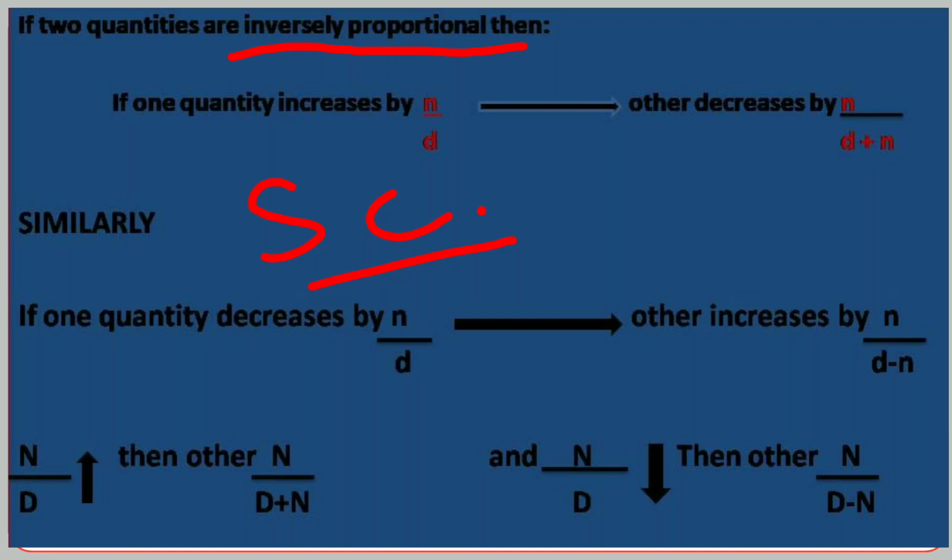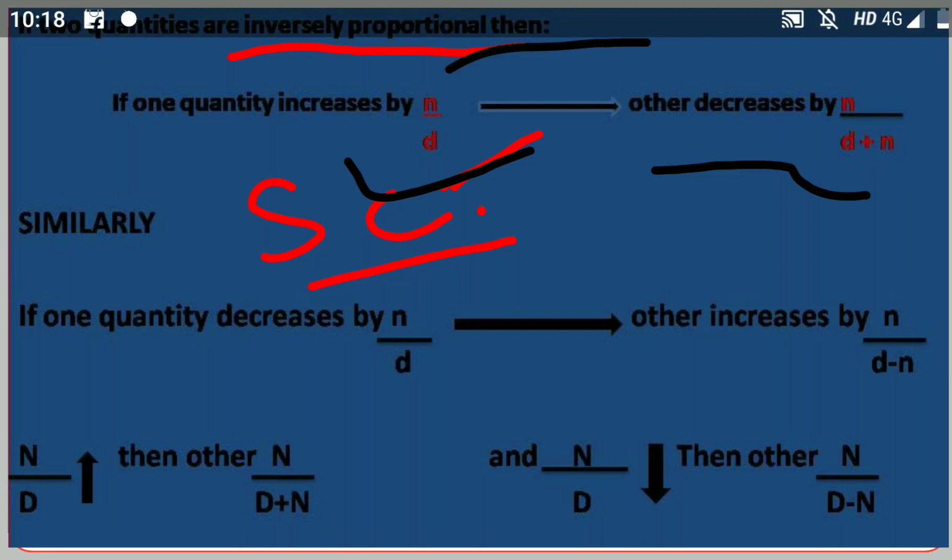See, if one quantity increases by numerator by denominator, then the other decreases by numerator by denominator plus numerator, right? I am repeating this once again because this is a shortcut. If one quantity increases by numerator by denominator, n by d, which is our fraction f, then the other decreases by n by d plus n.